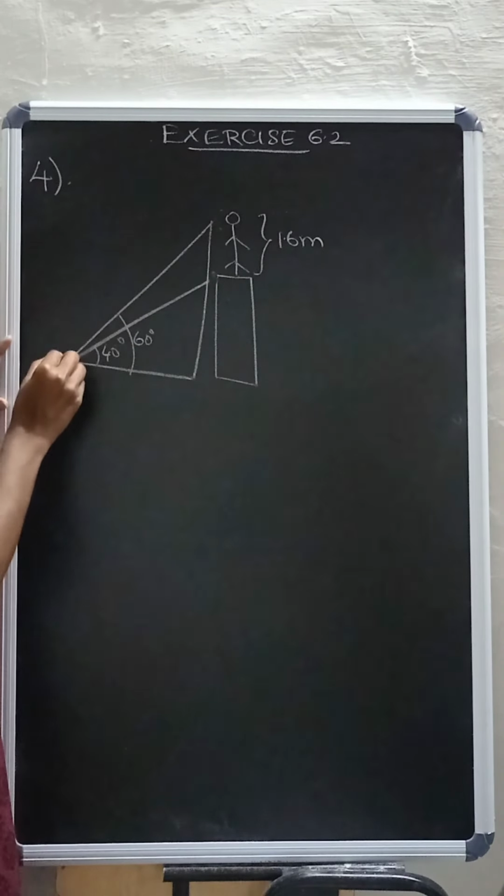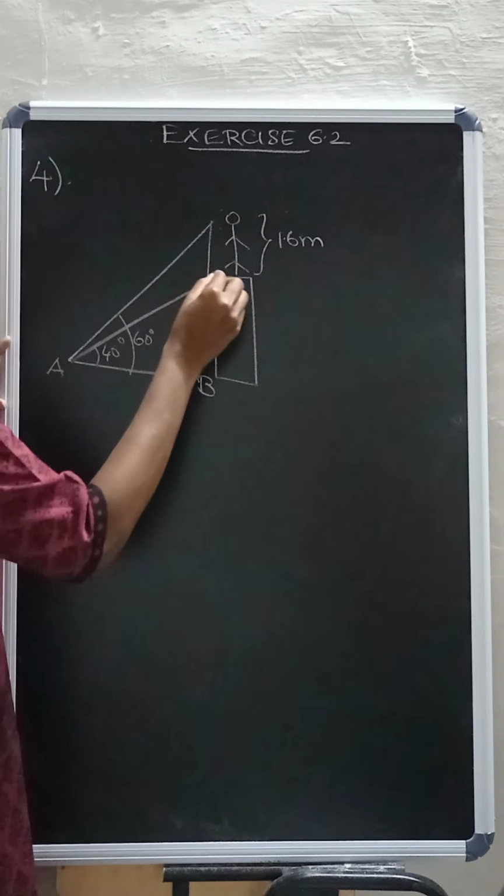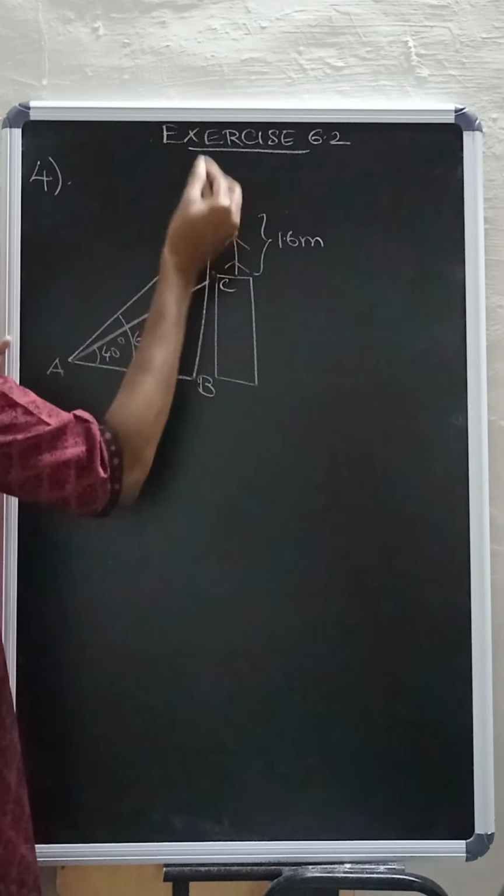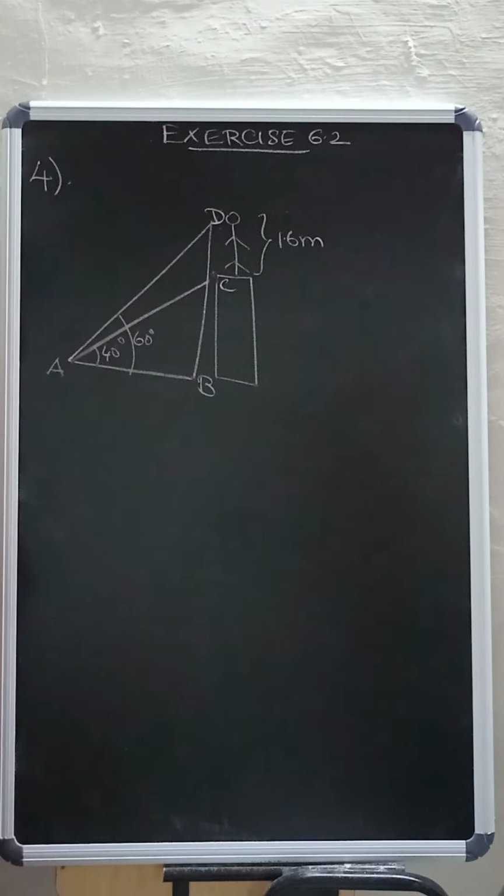Now let us name it A, B, C and D. Now take it as two separate triangles.